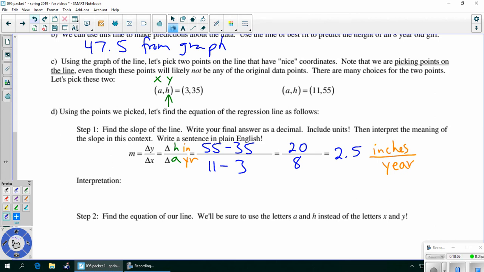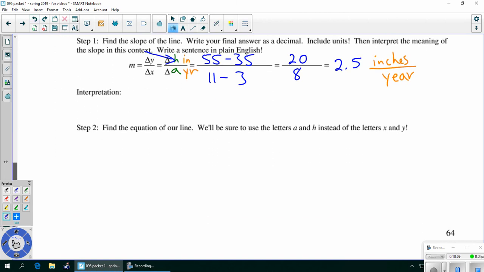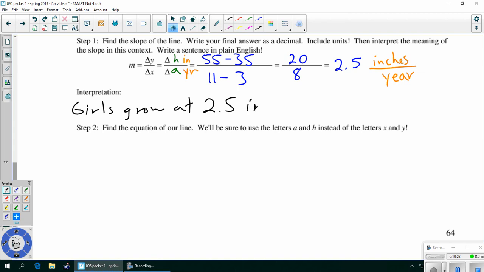Well, it's always the output variable, in this case, height. Height is changing at 2.5 inches per year. And so you could just say the height of the girl is changing at 2.5 inches per year, but I'll just say that the girls grow at 2.5 inches per year. Also okay to say that the height of a girl is increasing at 2.5 inches per year.